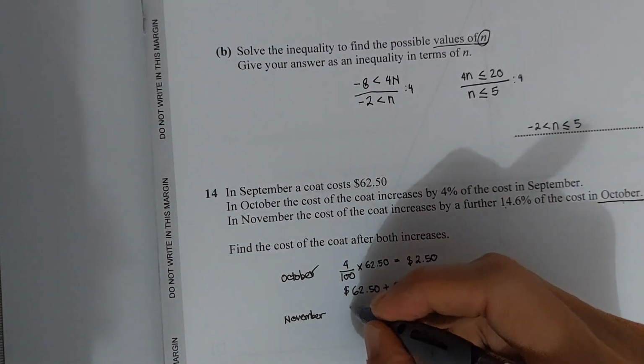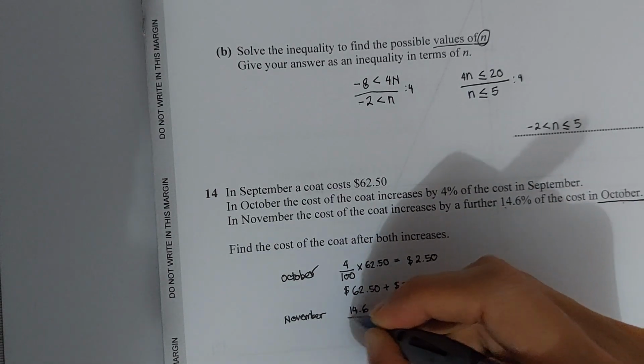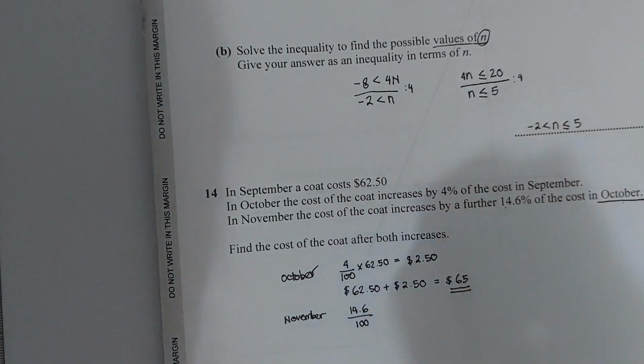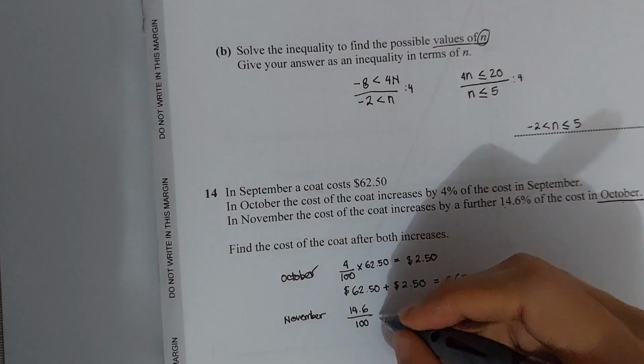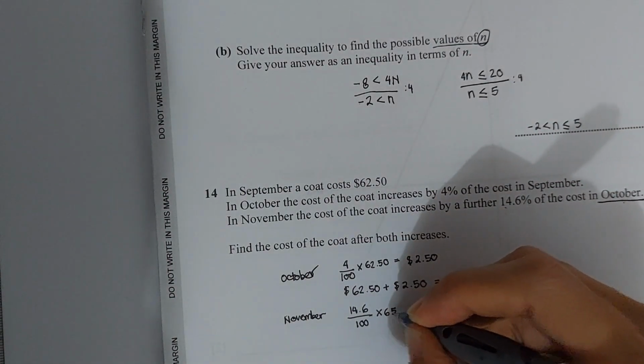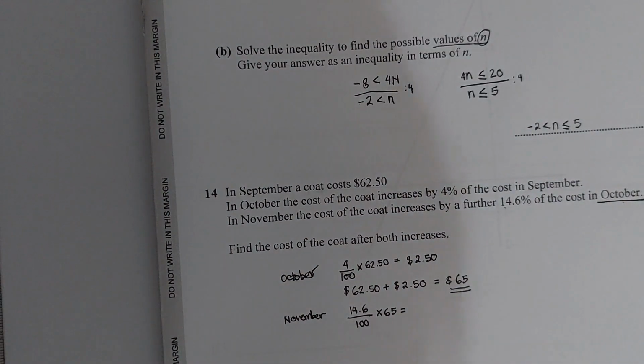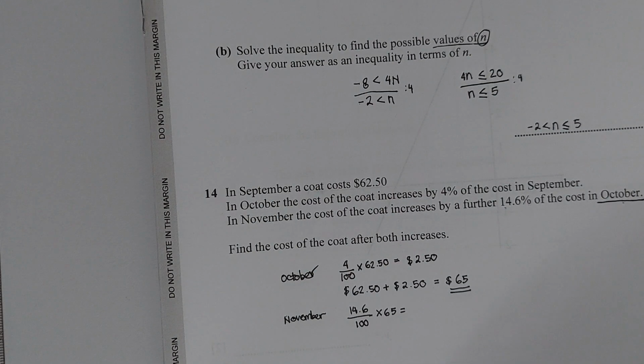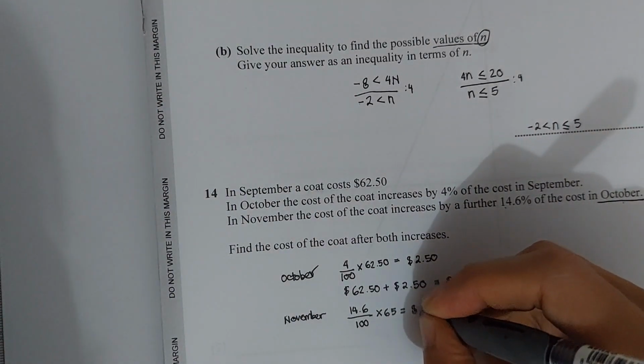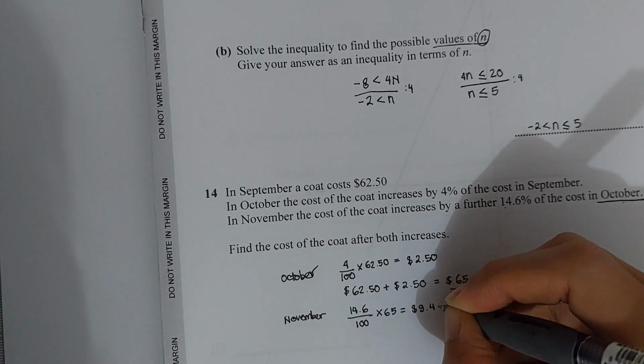So I will write 14.6%, it means 14.6 over 100, and then you times it by 65 to know how much the cost is being increased in November. So I will calculate it using calculator. 14.6, I times it with 65, and then after that divide it by 100, right? So that one will give me $9.49.